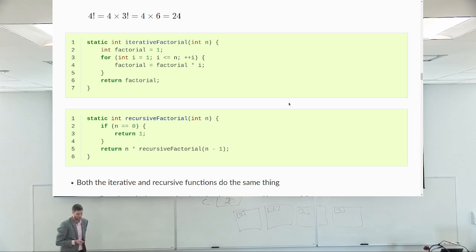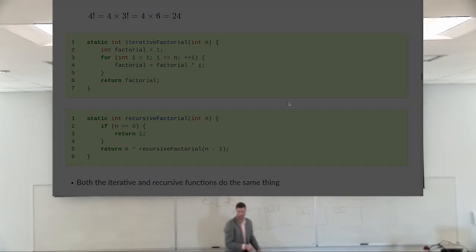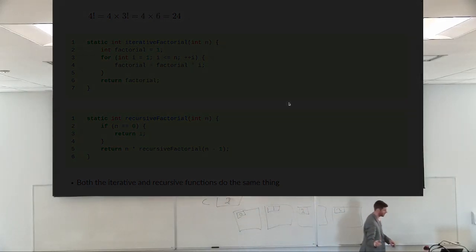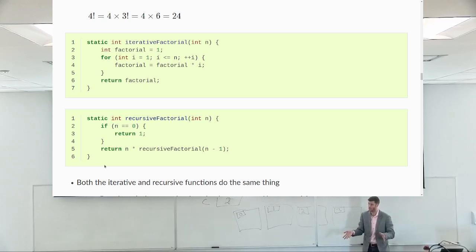The compiler will turn the set of instructions that are actually run on the computer into something as if it was written iteratively, because it's faster. Java does that. That's called tail end recursion optimization. Other programming languages don't do that.